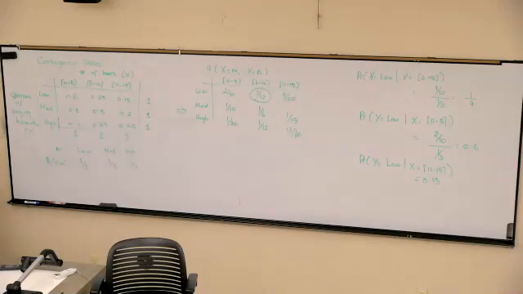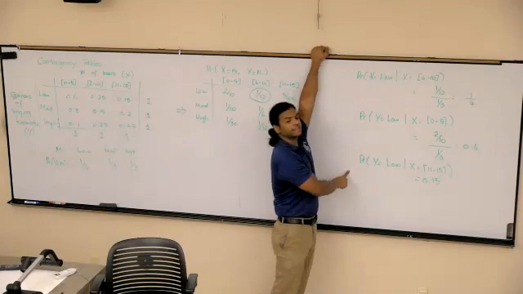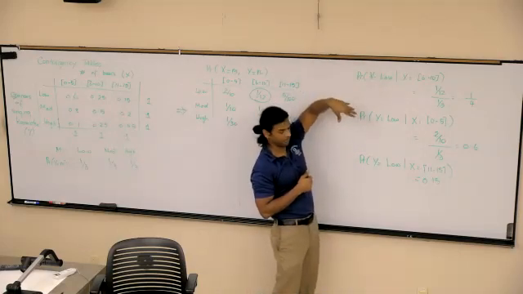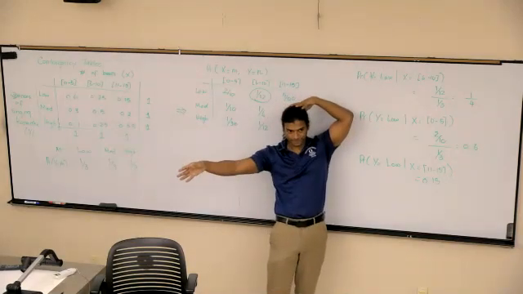It's 1/20 over 1/3, which is 3/20, that's 0.15. So this is a conditional distribution for Y being low, conditioned on all possible values of X.